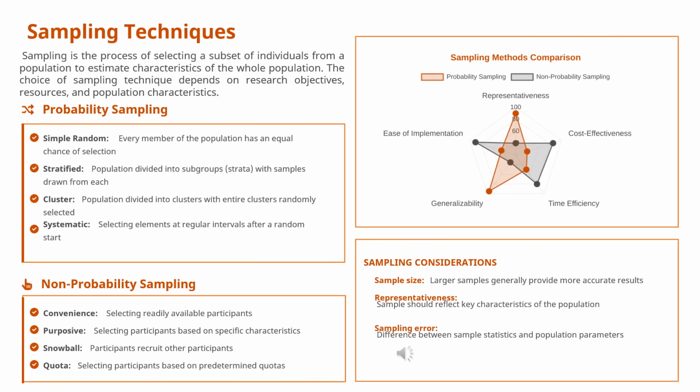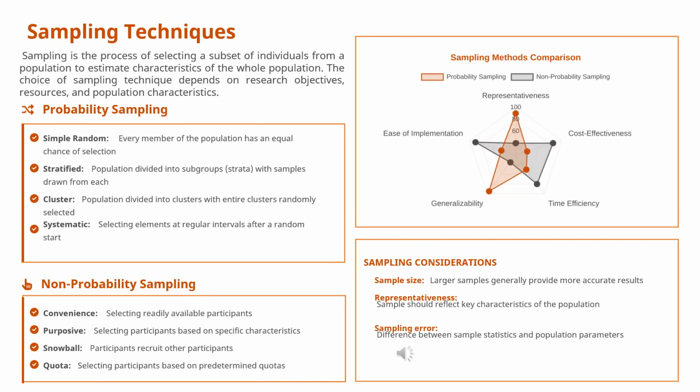Examples include simple random sampling, where individuals are selected purely by chance, like randomly picking names from a vaccination registry to assess immunization coverage. Then we have stratified sampling, and this involves dividing your population into subgroups like income levels in a city, and then randomly sampling from each subgroup to study health disparities.